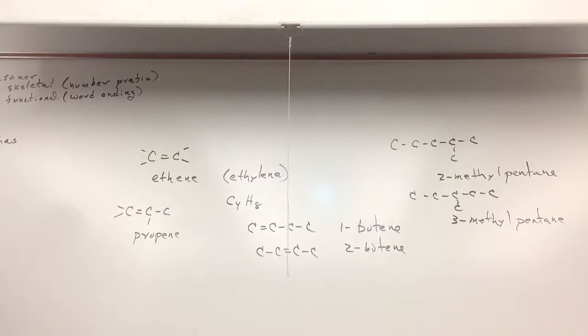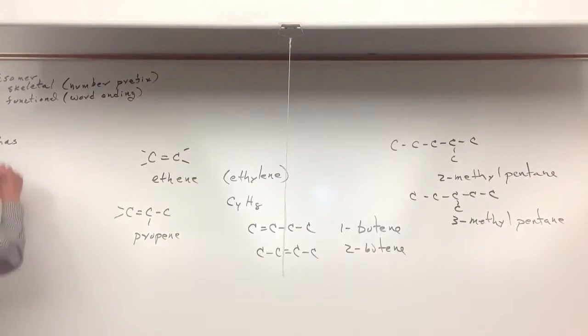So the next thing we have, these are called positional isomers, where the only thing that changes is the number of locating substituents or functional groups.